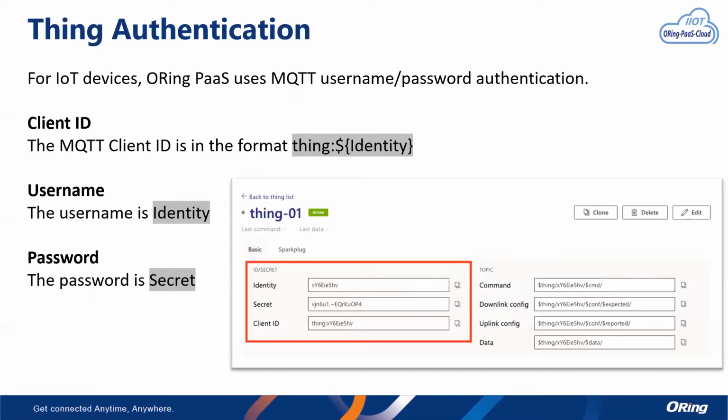So you don't need to define your own values. The cloud platform, our software, will do it for you. The MQTT client ID is in the format think, colon, $, and identity. The username is the identity, and the password is always the secret.